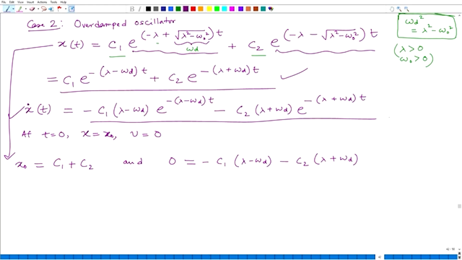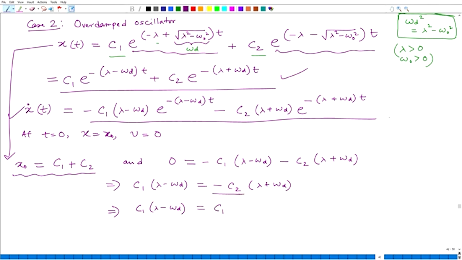So, if you have this, then you can write C1 (lambda minus omega d) is equal to minus C2 (lambda plus omega d). And you can always write that C2 is equal to x0 minus C1. So C1 (lambda minus omega d) is equal to minus C2 (lambda plus omega d), and minus C2 you can also write as C1 minus x0.